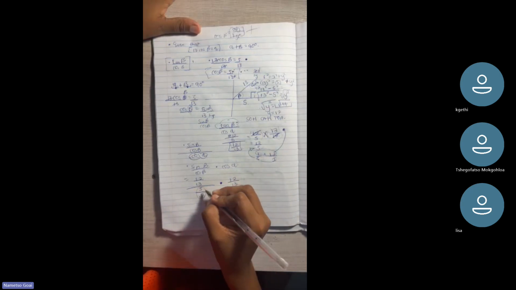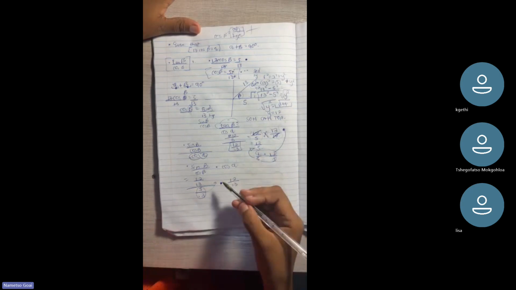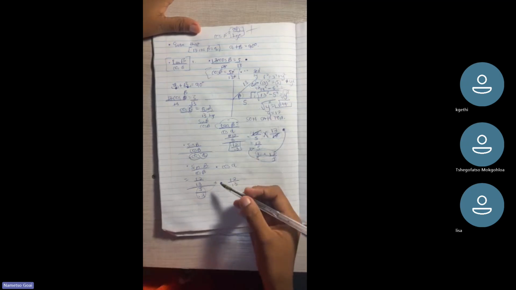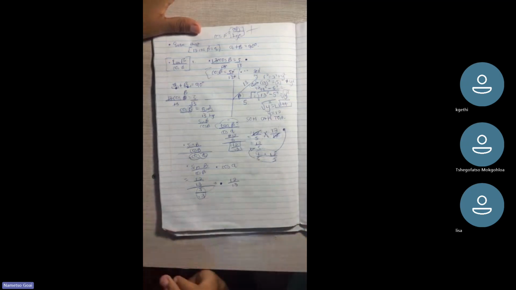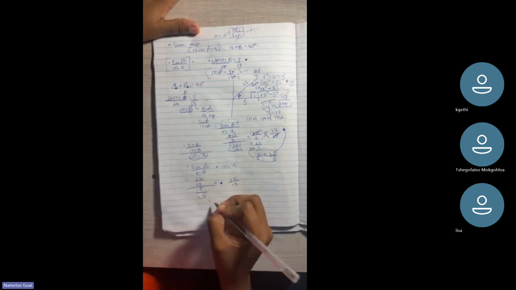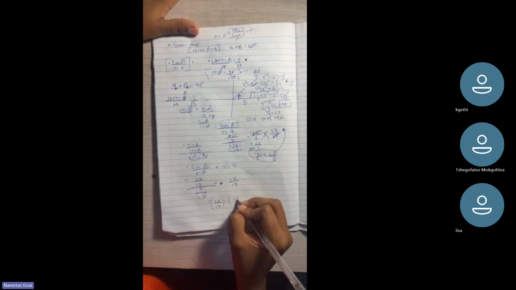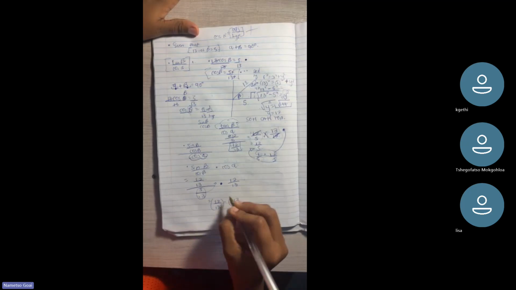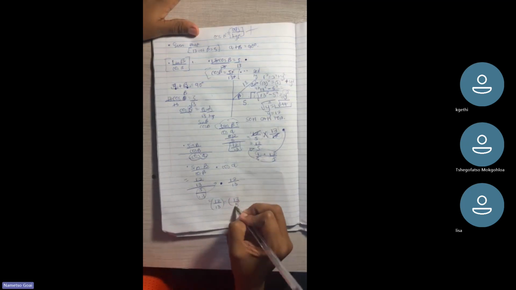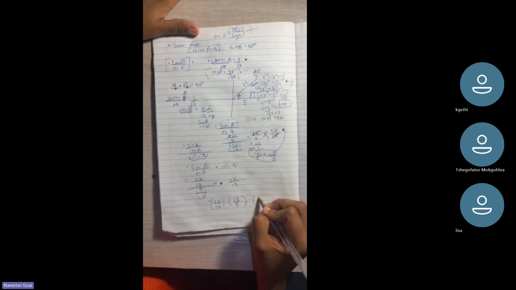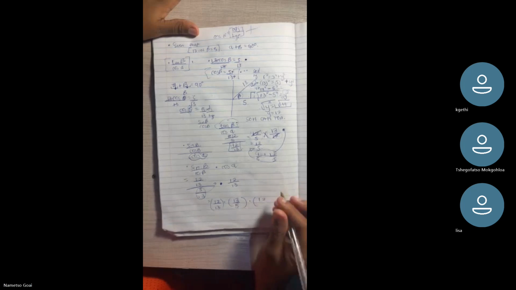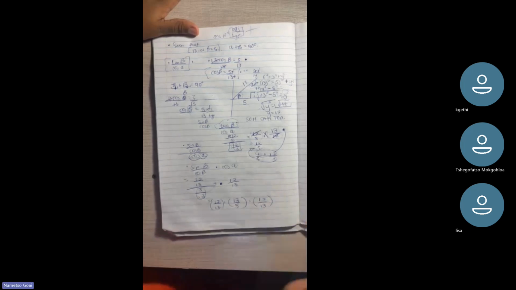Now we're going to try and bring this to the numerator. And once we bring it here as a multiplication, we have to swap them, right? So we'll have equals 12 divided by 13 multiplied by 13 divided by 5 multiplied by 12 divided by 13.